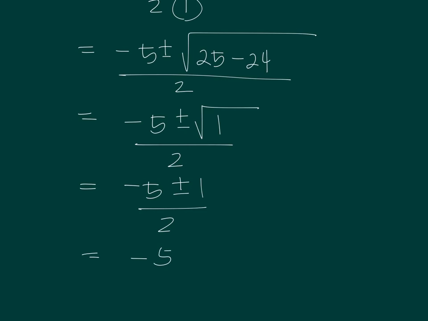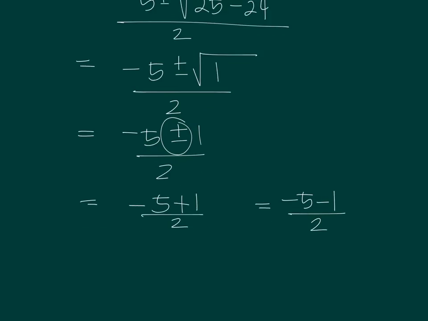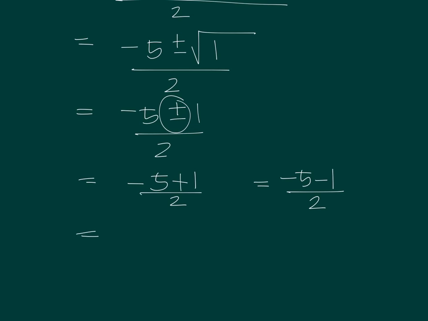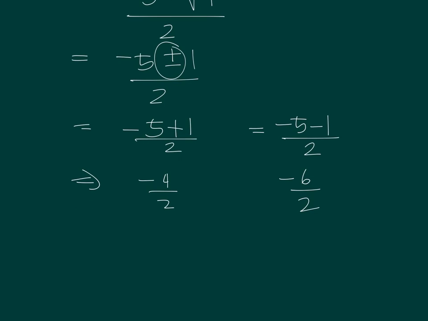Then you split it, since there's a plus and minus here. So x equals negative 5 plus 1 over 2, and x also equals negative 5 minus 1 over 2. Solving each, you have negative 4 over 2 in the first, negative 6 over 2 in the second, and there you go, you have negative 2 and negative 3.